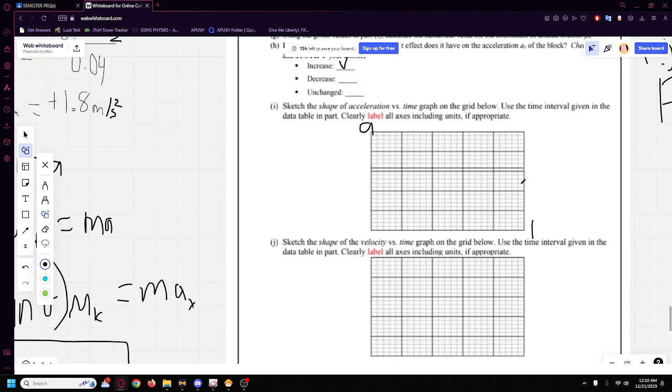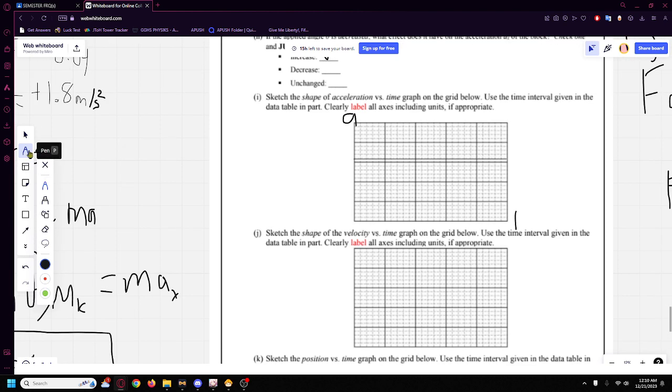The acceleration is constant because nothing's being changed to make the acceleration different.